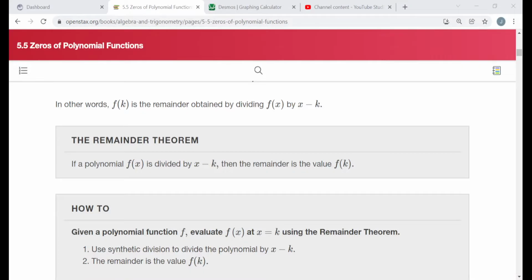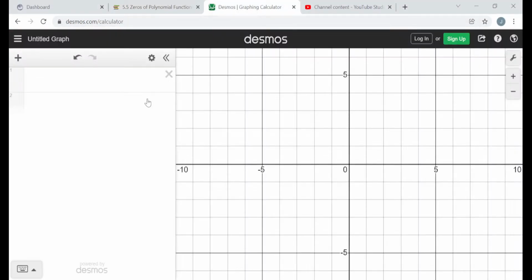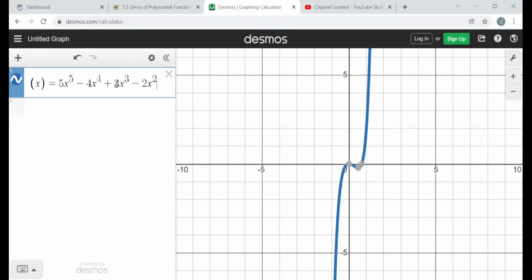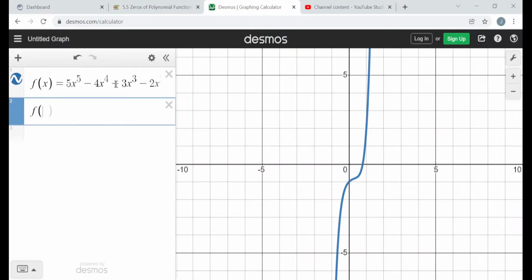All right, so go to that. I got that Desmos calculator up at desmos.com, free online graphing calculator. I'm just going to put in, f of x equals, and then that dividend, 5x to the 5th minus 4x to the 4th plus 3x cubed minus 2x squared plus x minus 1, and then just what's f of negative 6, and yeah, negative 44,791.